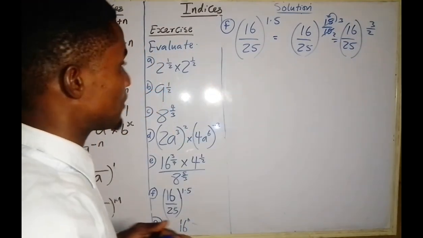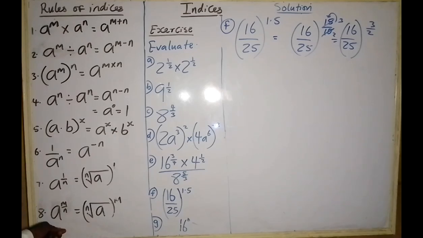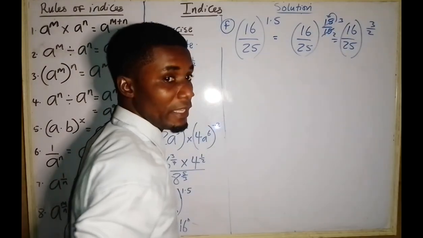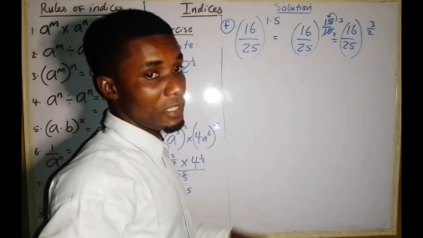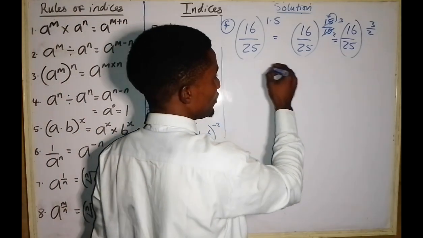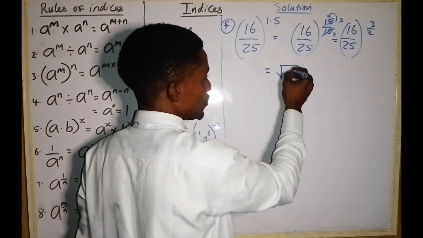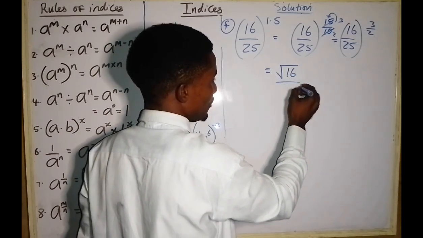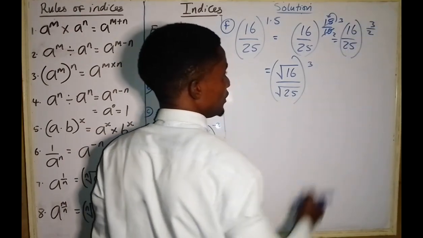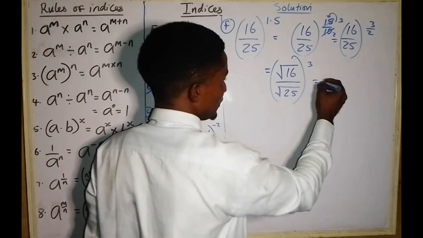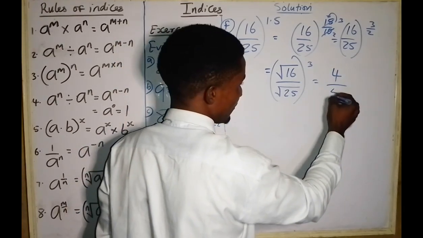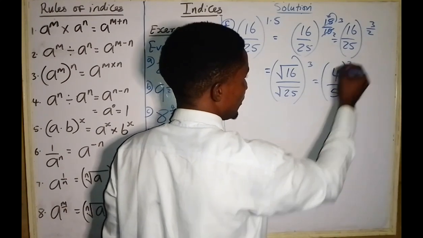So, having this expression now, we're going to come back to the fractional index law. The fractional index law is going to apply to all the numbers in the bracket. So we're going to be having the square root of 16 over the square root of 25, everything raised to the power of 3, the numerator. Now the square root of 16, that's going to give us 4, over the square root of 25, which is 5, all raised to the power of 3.